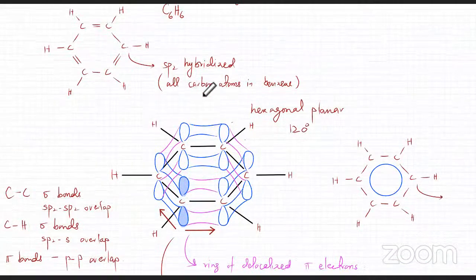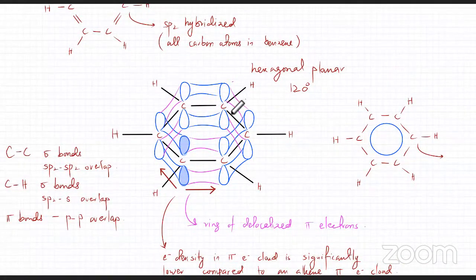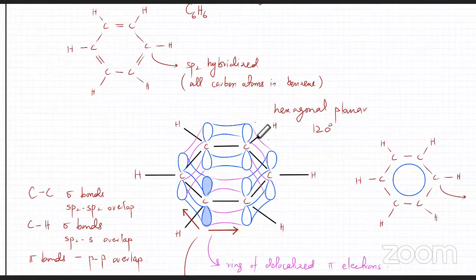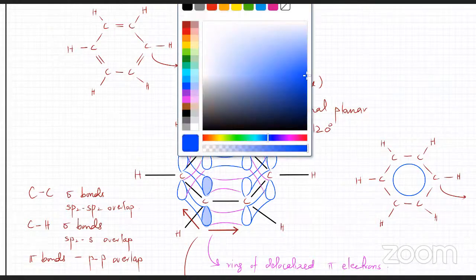Now, this is what happens in benzene. The carbon is making three bonds, just like an alkene, and there's a fourth electron in a p orbital which is initially not doing anything. All these carbon atoms are exactly identical. They're all sp2 hybridized. Normally a pi bond is formed when two p orbitals overlap. If you look at the blue ones, you can appreciate this.